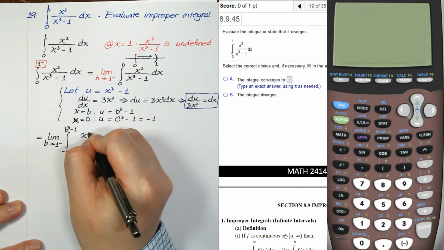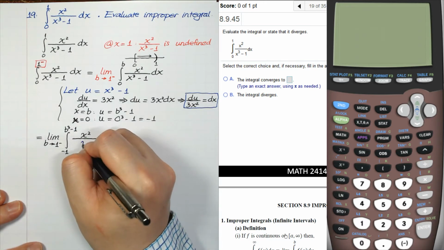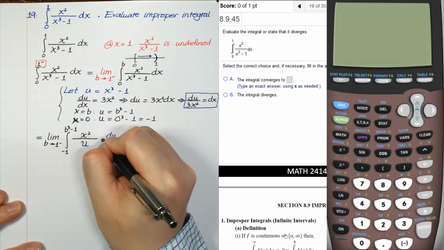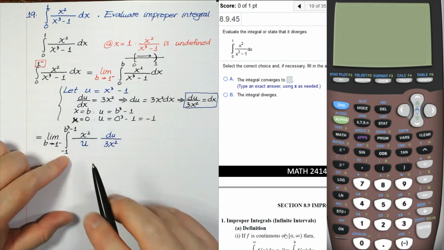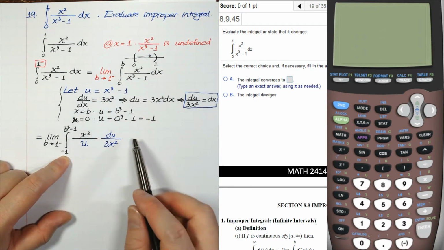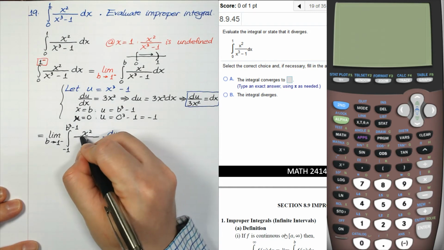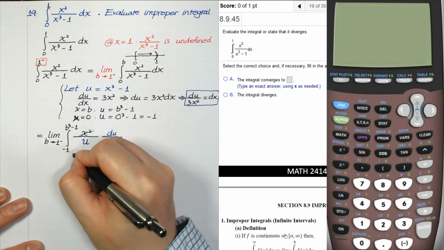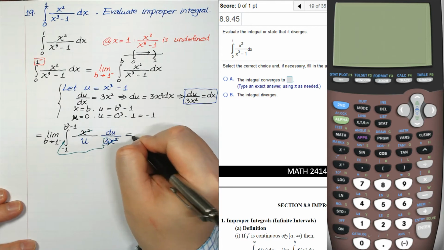X squared is still there. X cubed minus 1, we let that equal to u already. And the x is this. Limit change from x 0 to b to u -1 to b cubed minus 1. Right. The reason this substitution works is because there's no more x. If there's x left, we have to try something else.